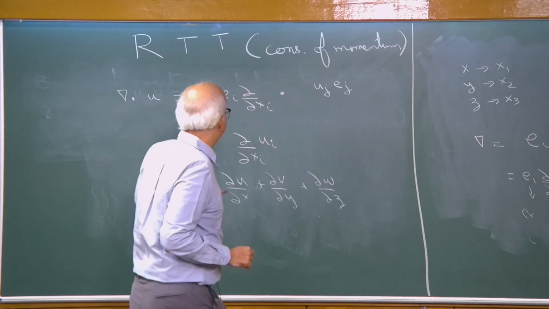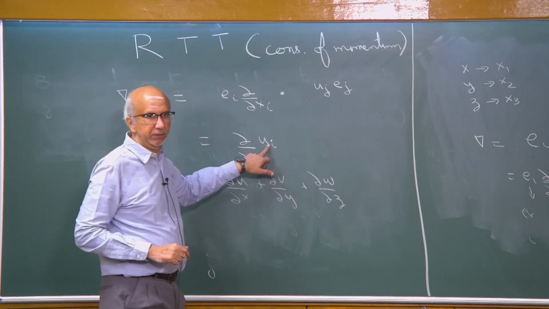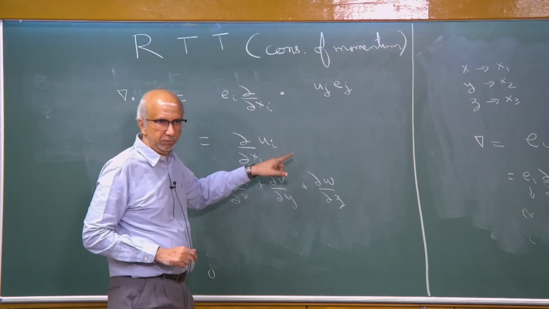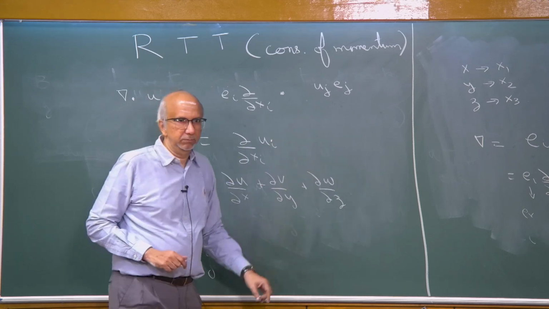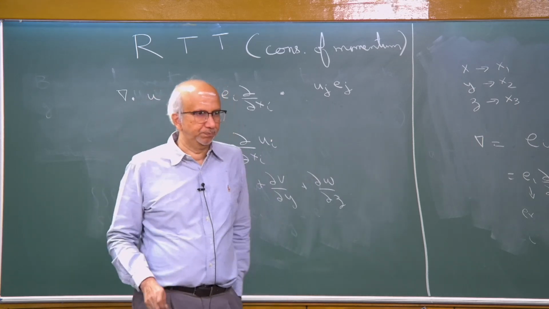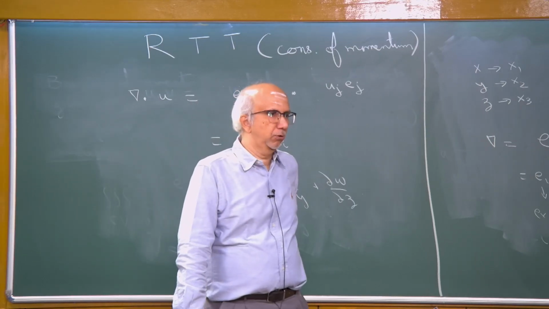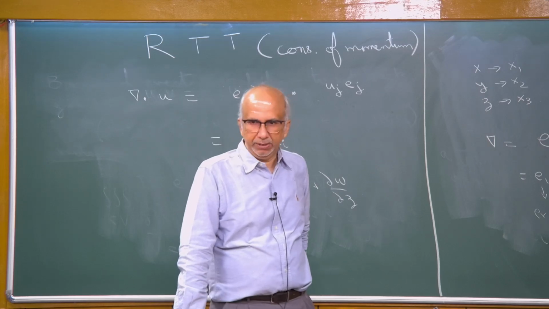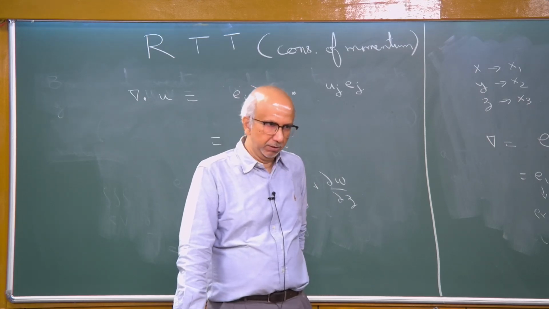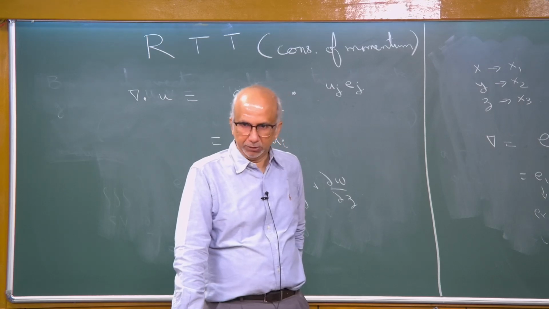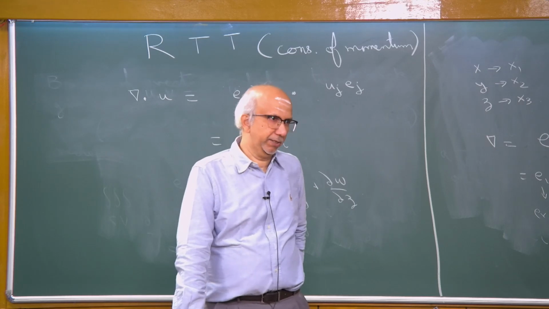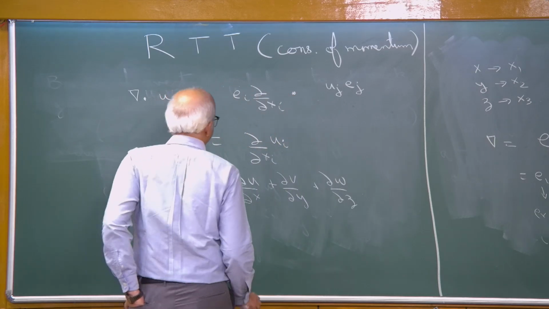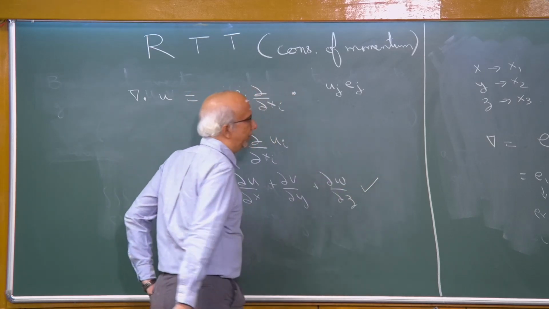So rather than write it like this, I am writing it like this: 1 is the x direction, 2 is the y direction, so u2 is v, and the third direction is w. When you read books and papers, somebody will say the equation of continuity is dui dxi equal to 0. So you realize that he is using the Einstein summation convention. So this is the equation of continuity.